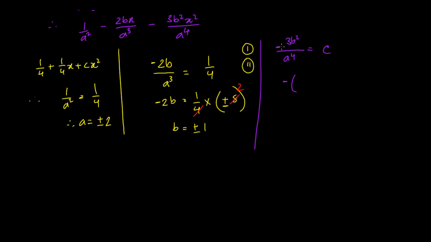Why? Because even if a is plus or minus 2, b squared will always give you a positive answer, and a to the power of 4 will always give you a positive answer too. So essentially the only answer you're going to get is a negative answer. So for b we'll put 1 times 3, and here it will be a to the power of 4, so that will be 2 to the power of 4. That will be essentially equal to negative 3/16.